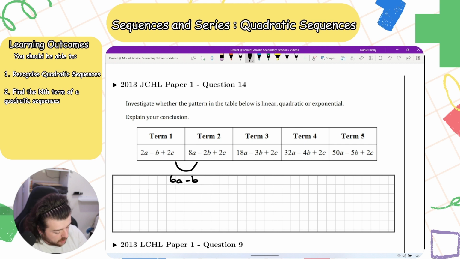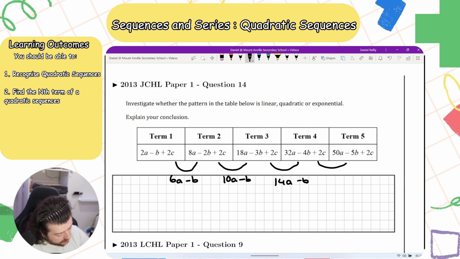And then 2c minus 2c, well, I'm not adding anything to the c's, so that's fine. Let's check now here. So from 8a to 18a, I add 10a. Then we get from minus 2b to minus 3b, I subtract b, and 2c, leave it as it is. Term 3 to 4. So 18a to 32a, that is 14a minus b.